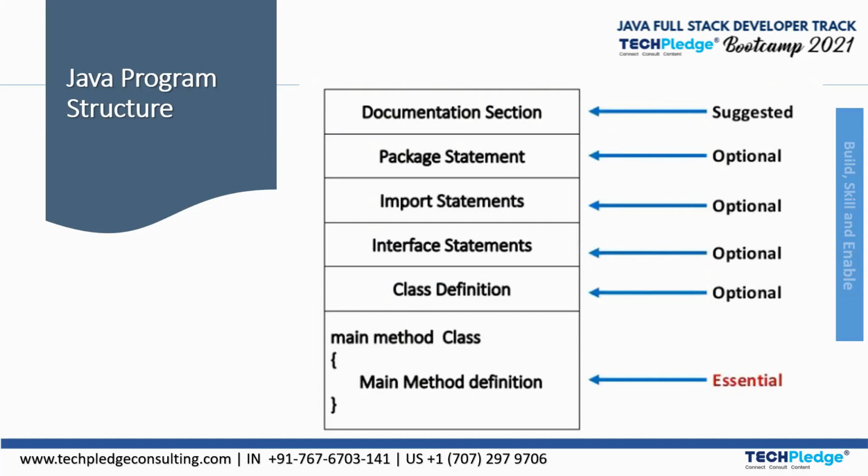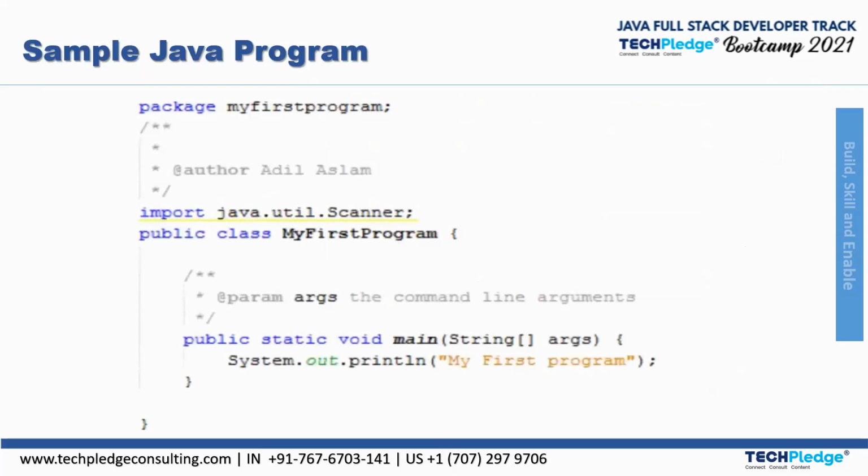That way you can write for your own understanding. A documentation section is always commented. It does not affect your program. Even if you're not writing a documentation section, it does not have any issue. In this sample program, you can see here it is written @author Adil Aslam. This is in the comment section.